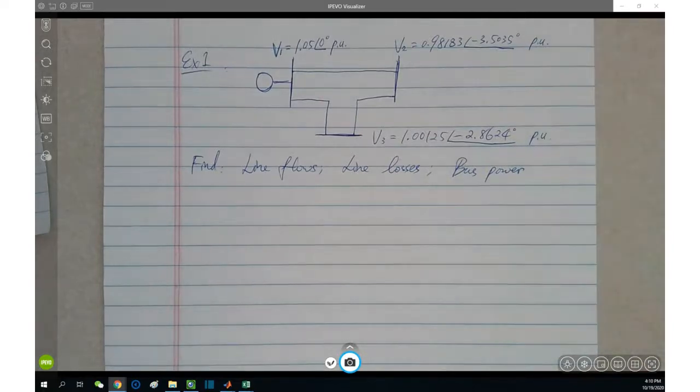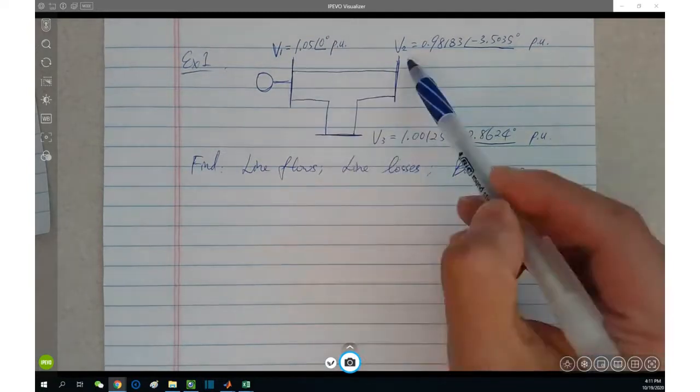Oh, one is missing. One very important thing is missing. Anyone can tell what is missing? The given information. It's very important. Without it, we can't do anything, actually. Don't we need to know what the subscripts for the buses are? Well, this is bus 1. This is bus 2. The subscripts are given.